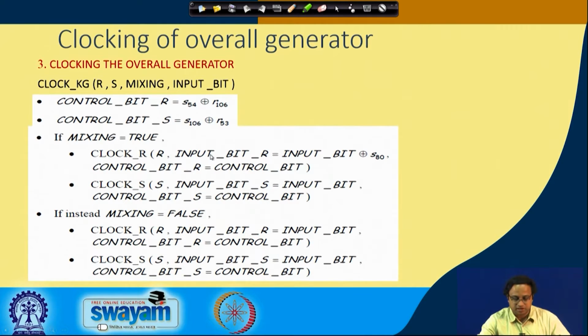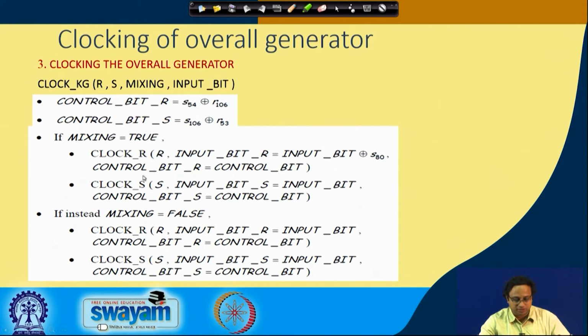You can see that here I take my input bit R and XOR it with S80, which is one of the states I am deriving from S. It is a very interesting way of updating the clocks, because now register R is being mixed with the state of register S. That is happening because mixing is set to true.